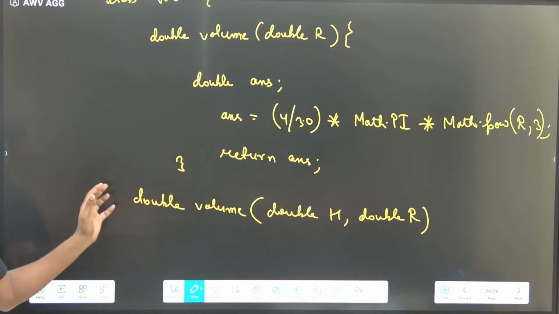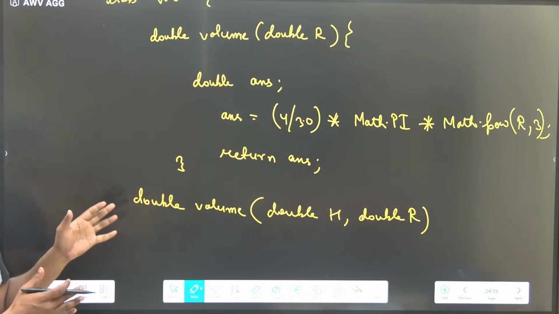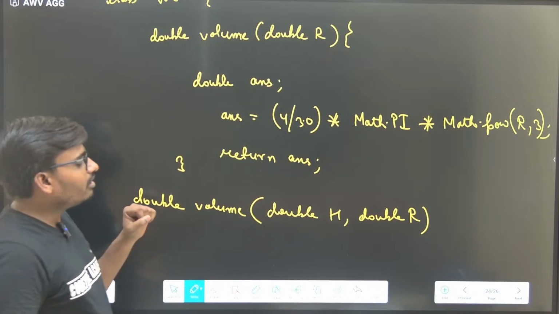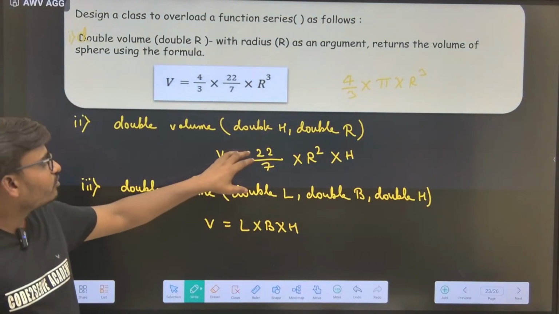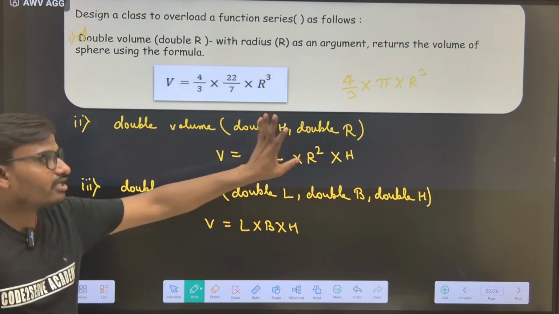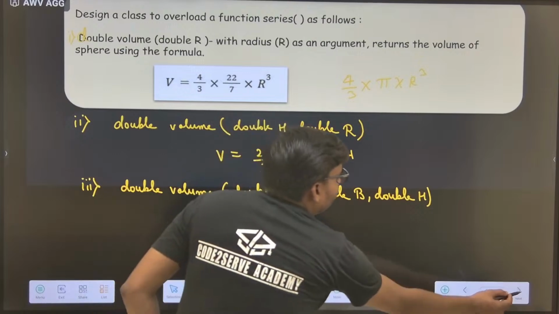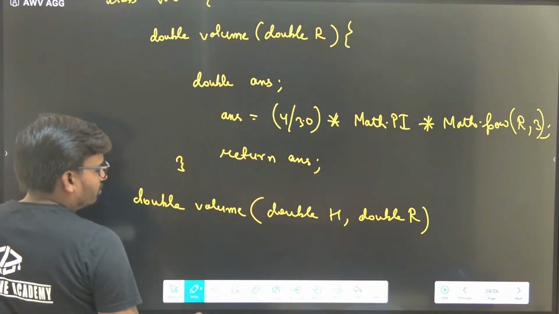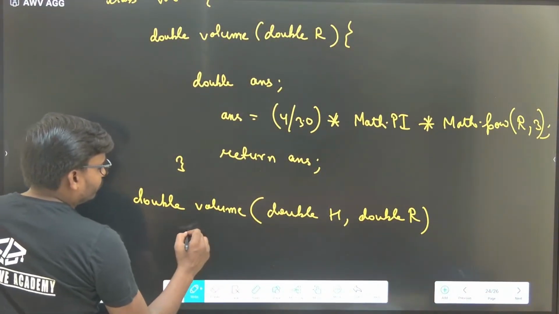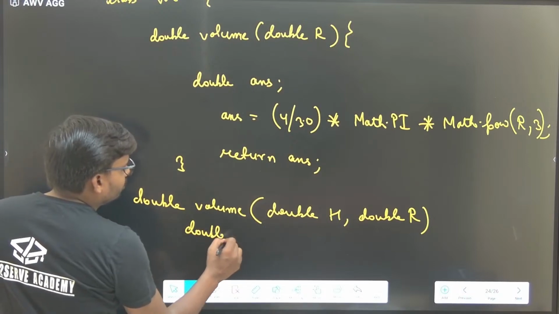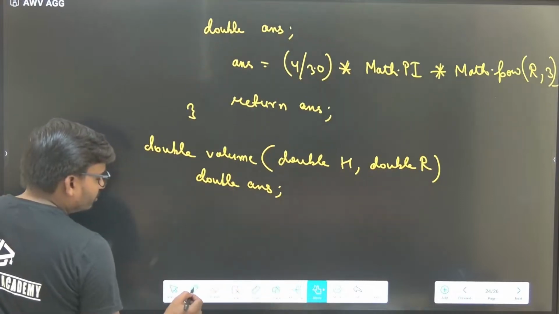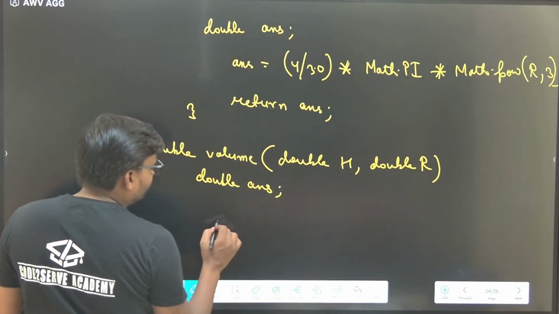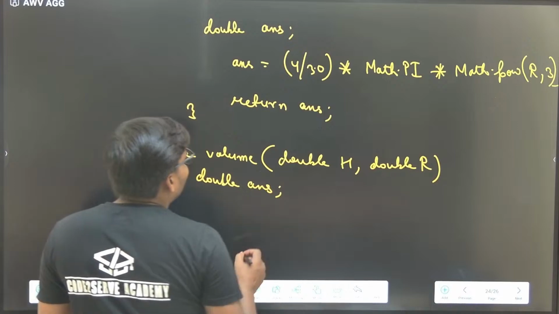Whatever you have been asked in the question, you simply write it, the definition, and whatever they have told to calculate, like here it was v is equal to pi r square h. So you will say double answer, and in this answer you are going to do, suppose here v is given.